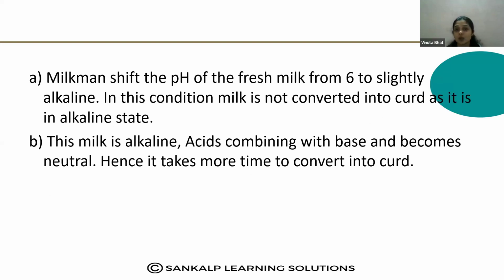So when the baking soda is added, it will become alkaline. In the alkaline state, the milk will not convert into curd. So that benefits the milkman. Then the acids combine with the base and become neutral. Hence it takes more time to convert into curd. Okay, so that is the reason.